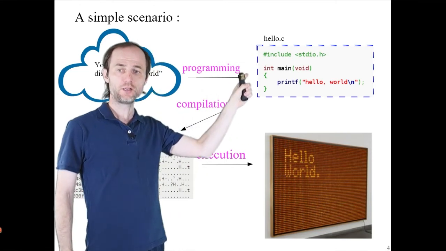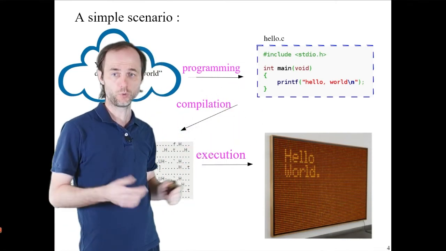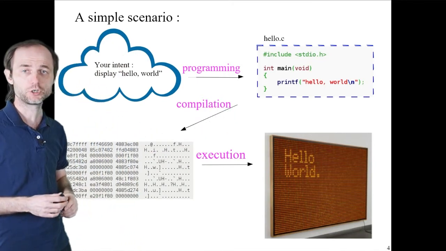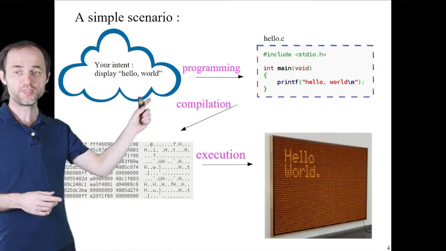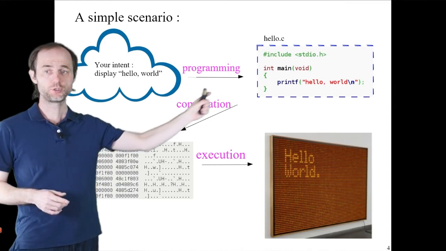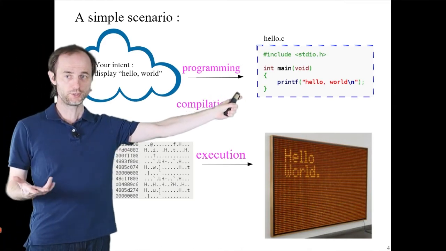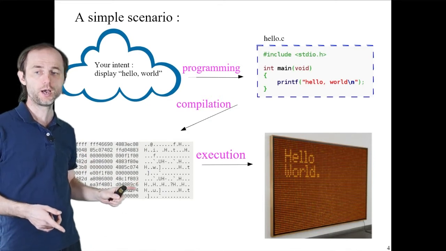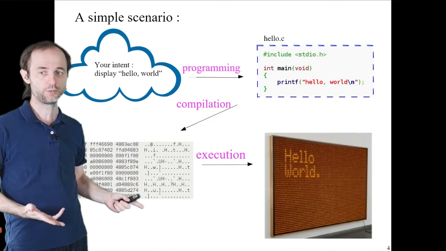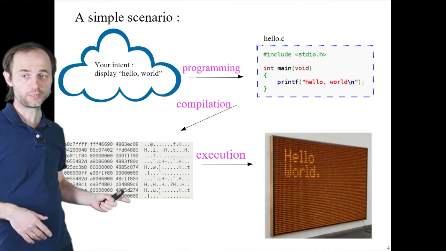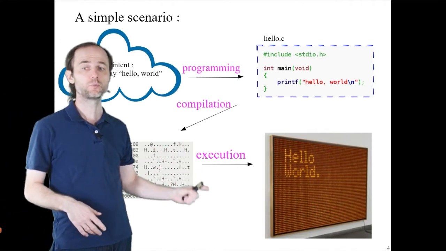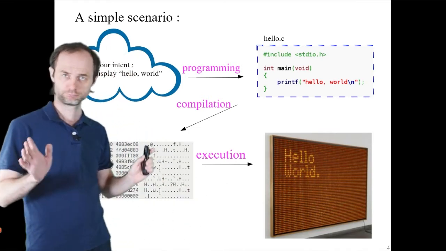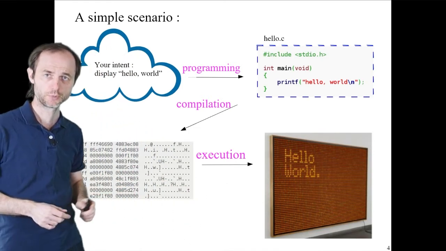And in this file, you will put in the following contents that we will go over later. Then you compile this human readable C code into machine code that is definitely not human readable. And after you've gotten that machine code, you can execute it, which will eventually print out hello world onto the screen. So far, so good?